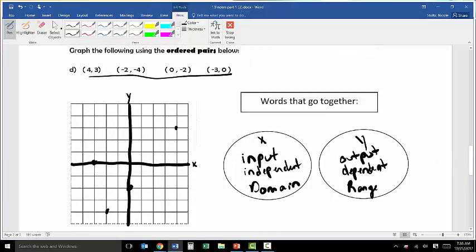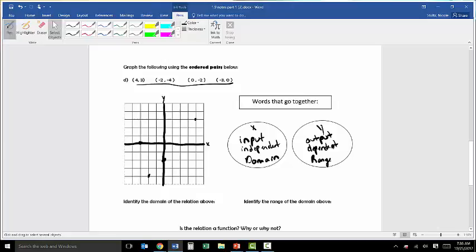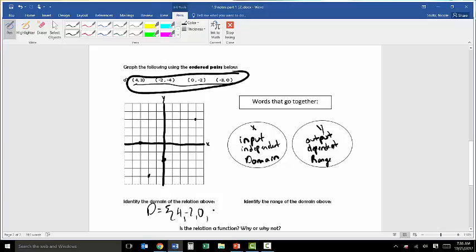So in the graph above, zoom out a little bit here, it says to make a list of the domain. So your domain will consist of all your x values. So that would be 4, -2, 0, and -3. Now we go on to the y values for the range.